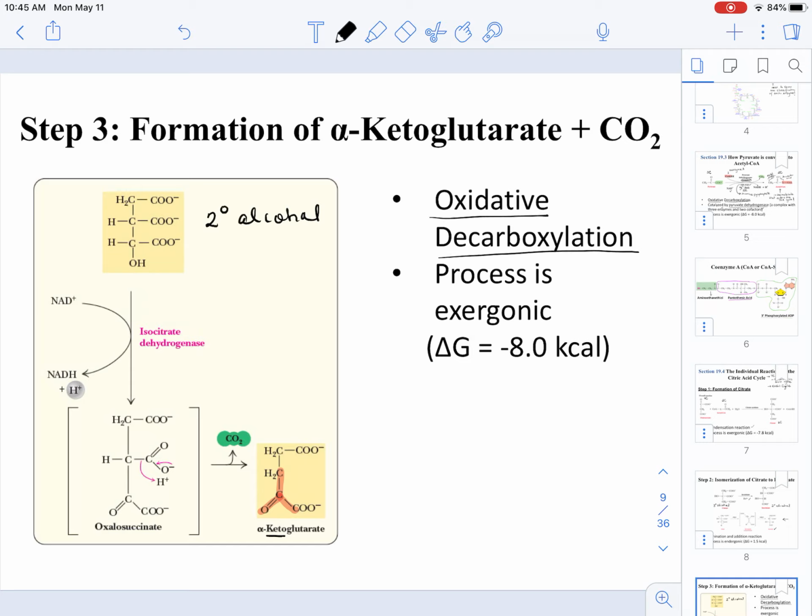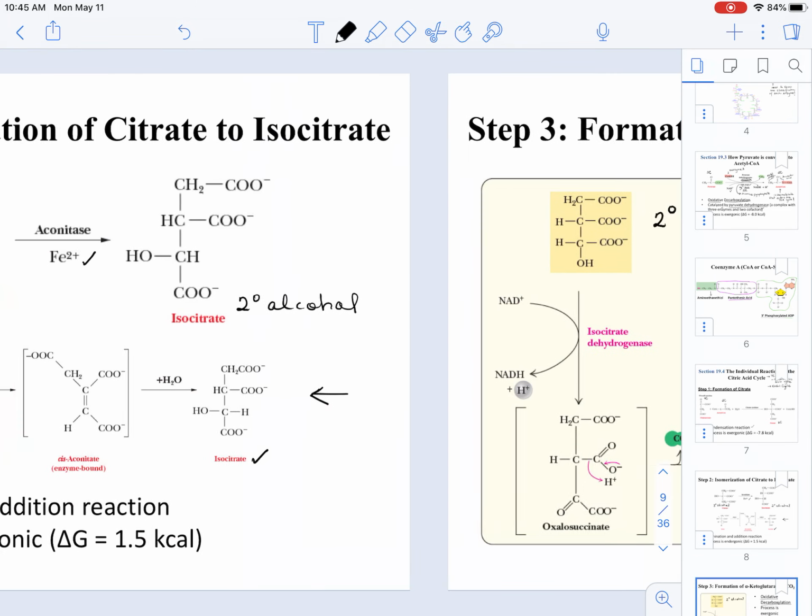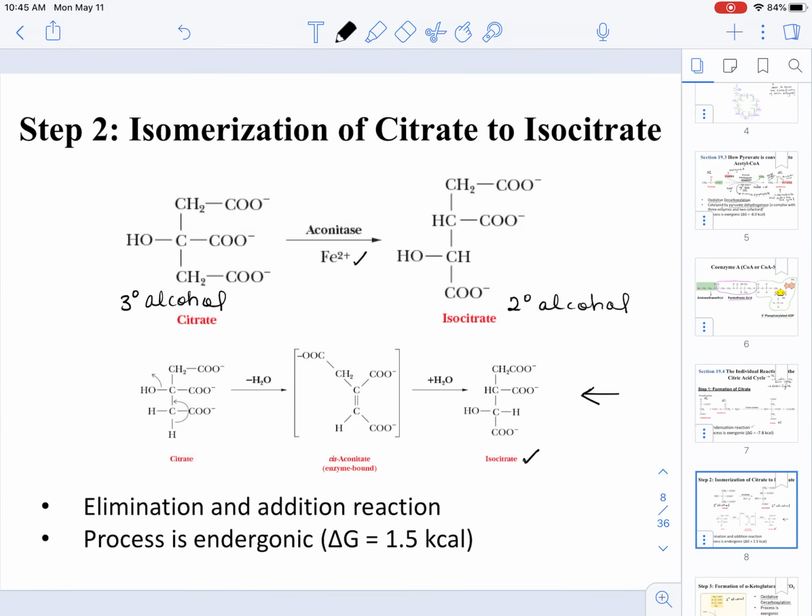Now, one of the things that I want to outline is why in step 2 we actually had to isomerize a tertiary alcohol to a secondary alcohol. Remember from your organic chemistry, tertiary alcohols are not reactive when it comes to oxidation. They cannot be oxidized, only primary and secondary.